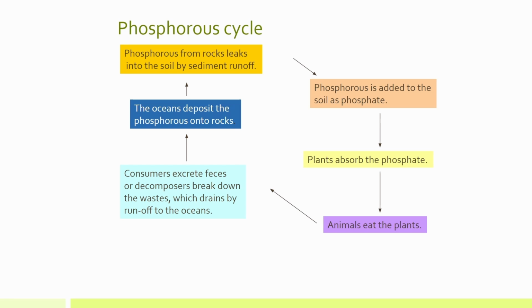The animals that eat the plants that contain phosphate eventually excrete feces, or decomposers break down the animals that contain the phosphate because they ate the plants, and that is going to end up in runoff that goes to the oceans. The ocean-deposited phosphorus ends up on rocks, as for example tides come in and out, and then the sunlight kind of bakes it into the rocks, and that's how we get phosphorus in rocks, and it's available to then leach off into the soil and start the process over again.